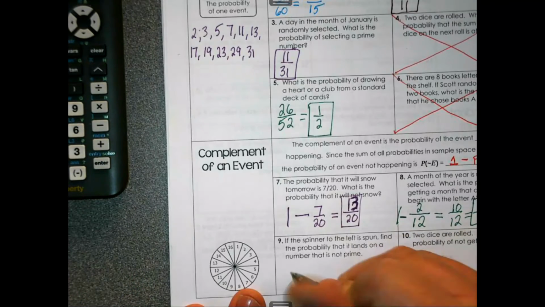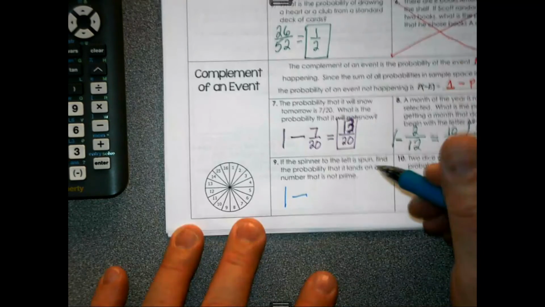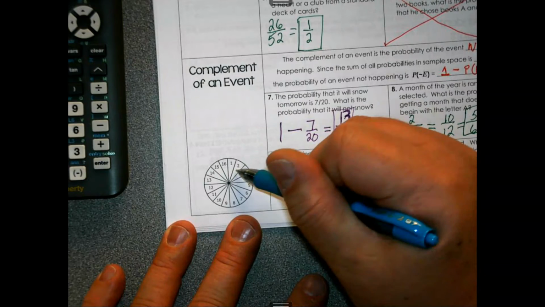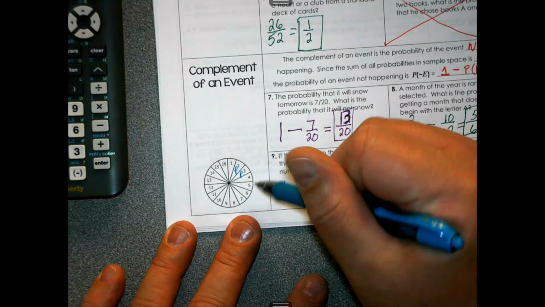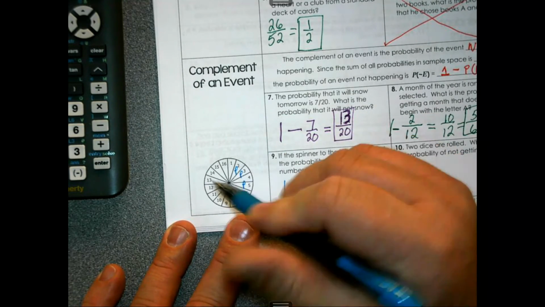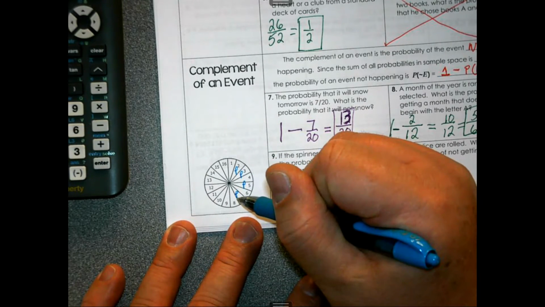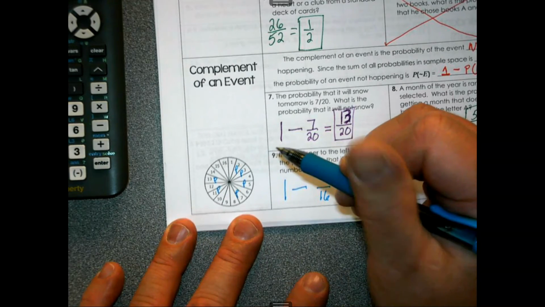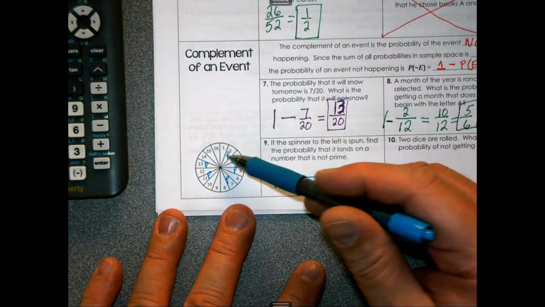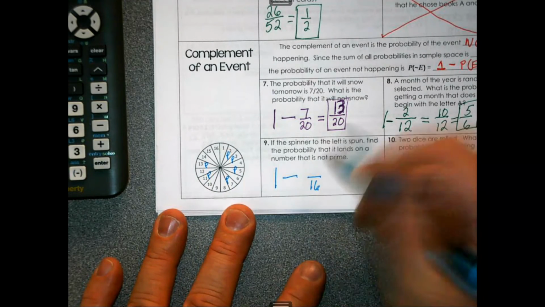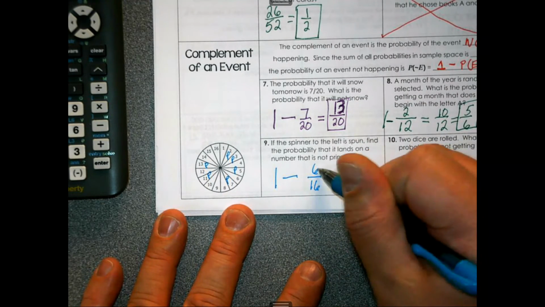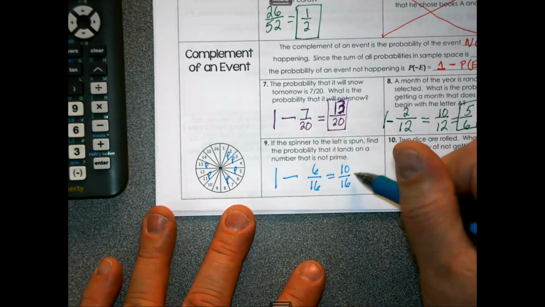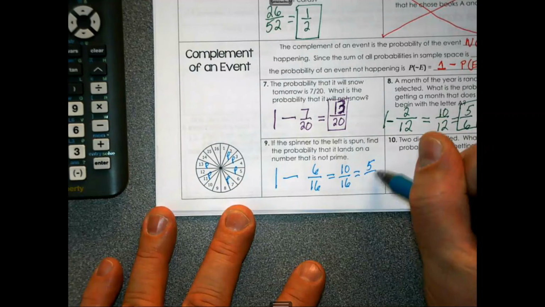So let's do 1 minus, let's see, there's 16 numbers, right? 2 is prime, 3 is prime, 5 is prime, 7 is prime, 11, 13, and that's it. So 1, 2, 3, 4, 5, 6. 16 minus 6 is 10 sixteenths. Divide by 2. 5 eighths.